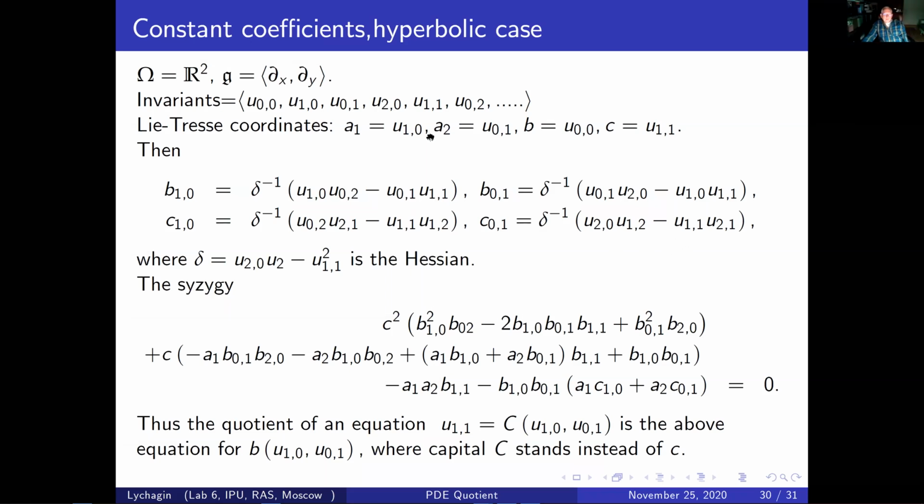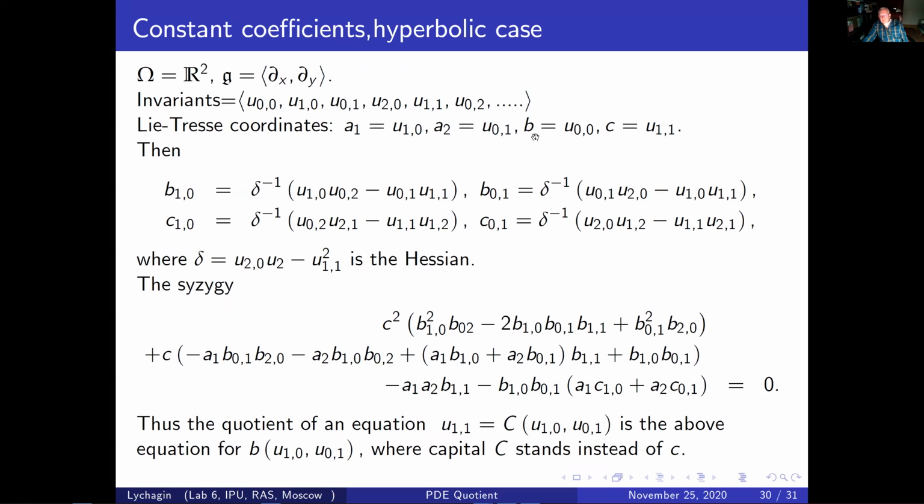Yeah, so if you take equations with constant coefficients, it means that they have the symmetry algebra dx, dy. So these are the invariants. There can be different choices of these A and B parameters. So I want to talk about the hyperbolic case. So I will take A1 and A2. It's now dimension 2, so there should be two A's. So they should be the first derivatives U1 0 and U0 1.